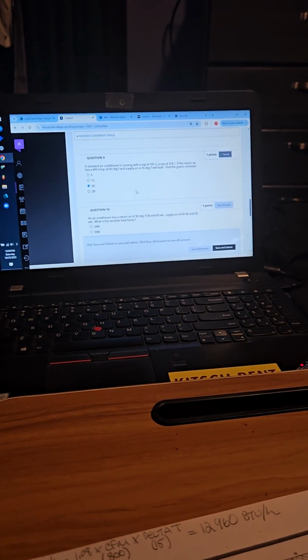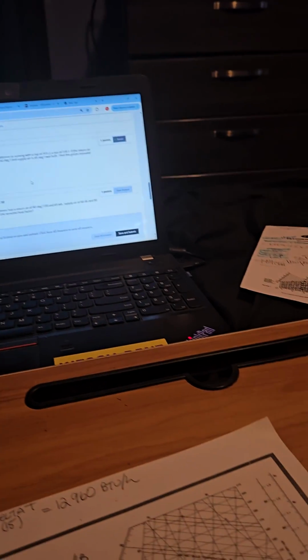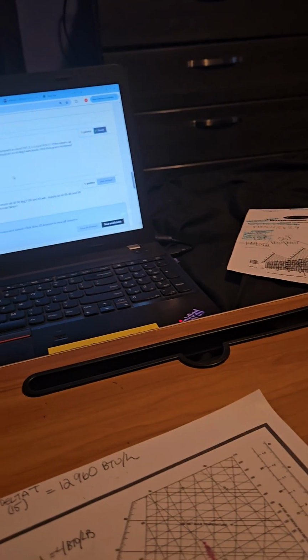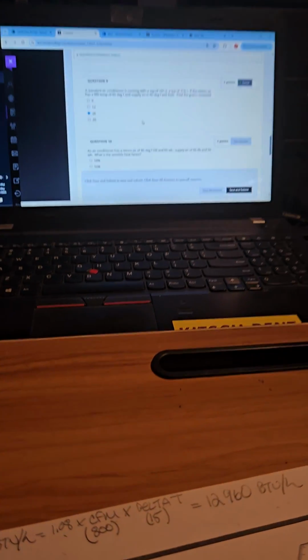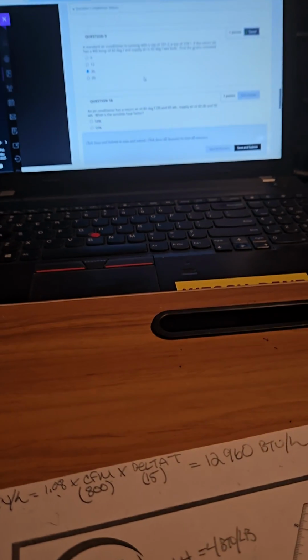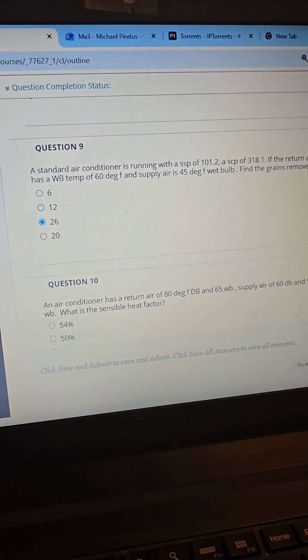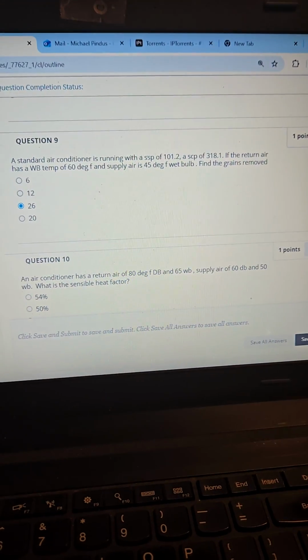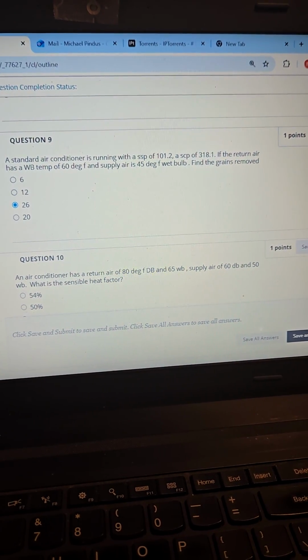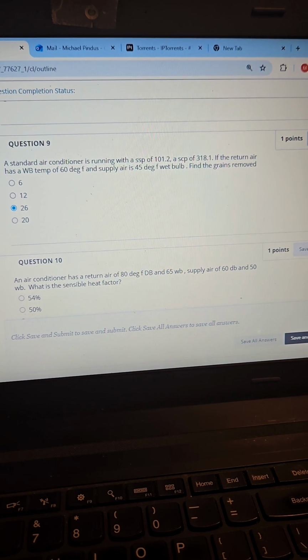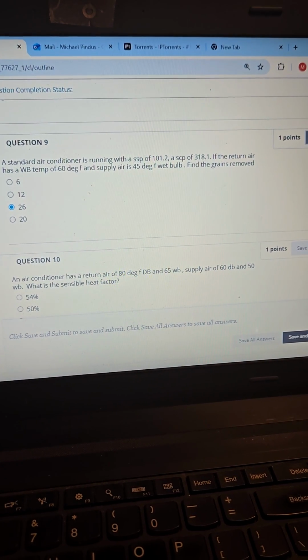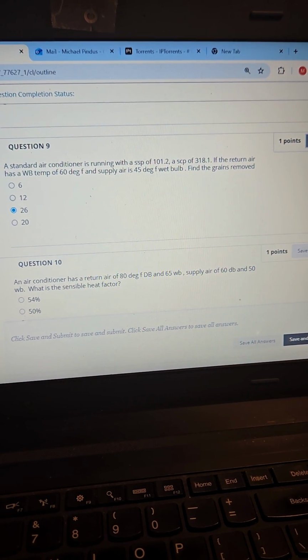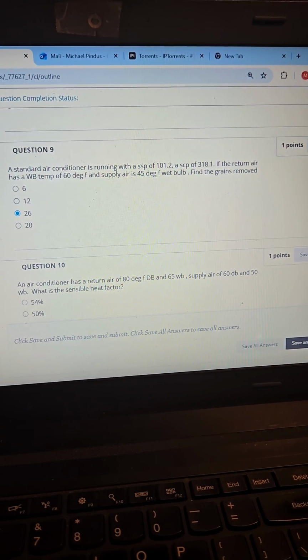This question is something else. But everything I just mentioned before is going to help us. See, didn't mean to do that. So question 9 is: a standard air conditioner is running with a saturated suction pressure of 101.2 and a saturated condensing pressure of 318.1.